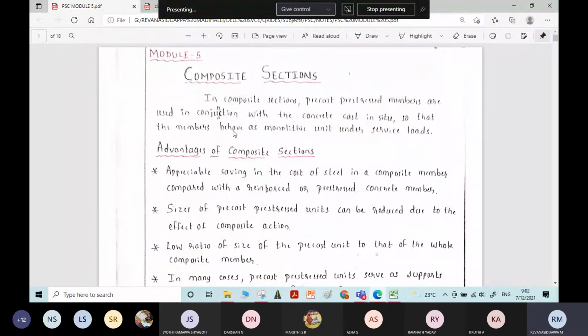The title of the model is composite sections. Model number 4 has been completed with problem number 3. Model 5, composite sections.